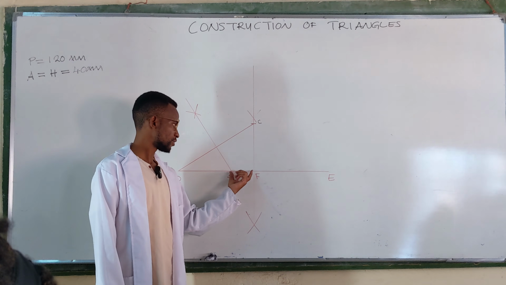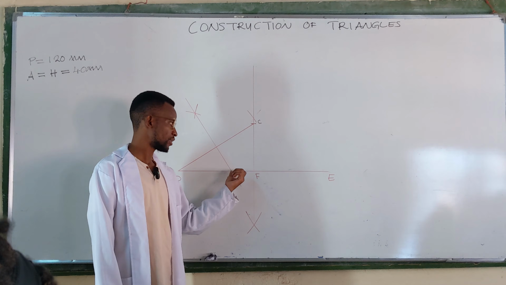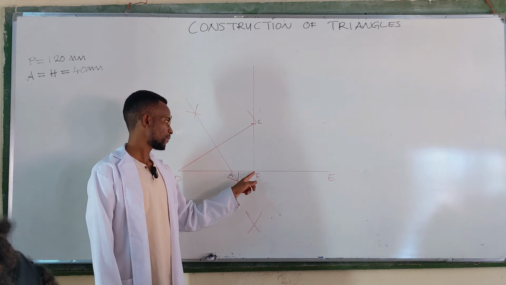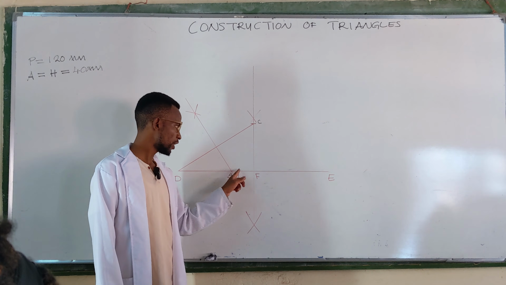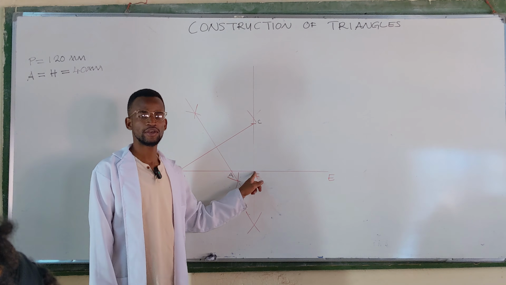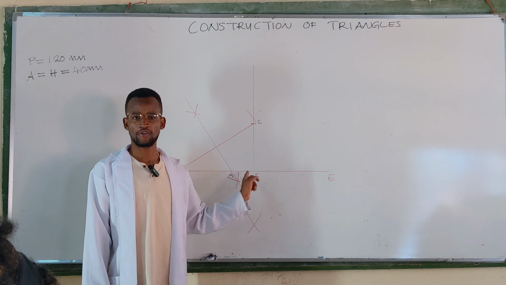So this point A on the perimeter is located at a point where the distance from point A to point F should be the same as the distance from point F to point B on this line.